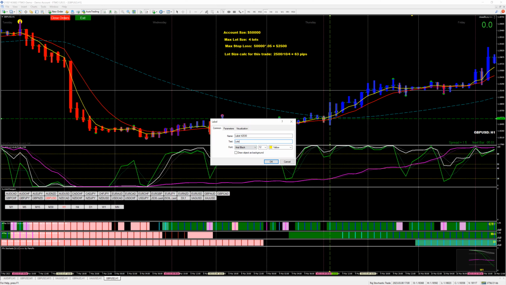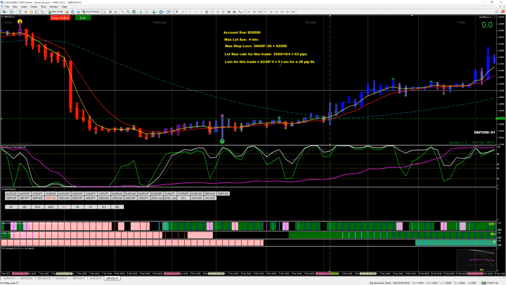Lots for this trade would be equal to 63 divided by 28, say, times 4, and that will equal, let's see, 63 divided by 28 times 4, 9 lots. Oh, 28. Okay.